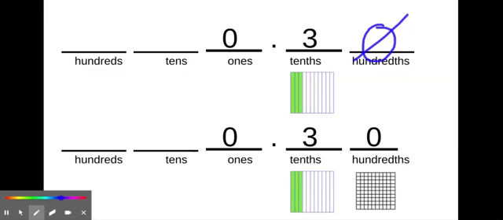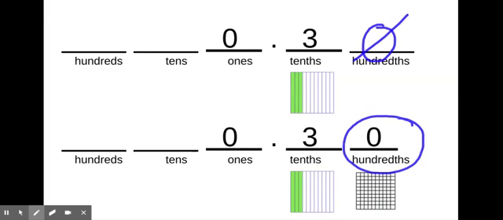So even though this decimal, 30 hundredths, specifies that there are 0 hundredths, and this one did not, we can tell that there are no hundredths in either one of them, because if there were any hundredths being colored in, they would have said so. So both of these are actually the same decimal, even though one has a 0 and one does not, because they both show 3/10 and nothing else.